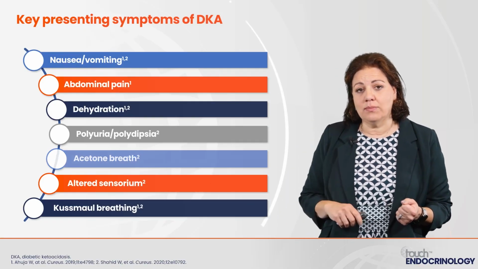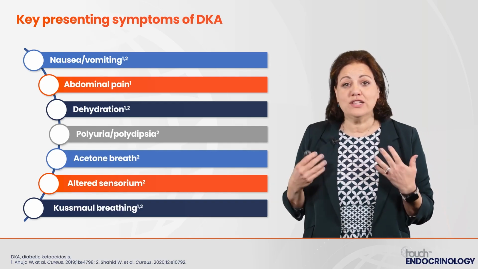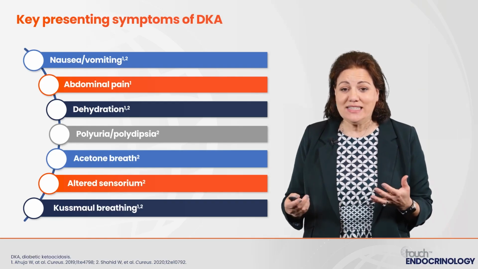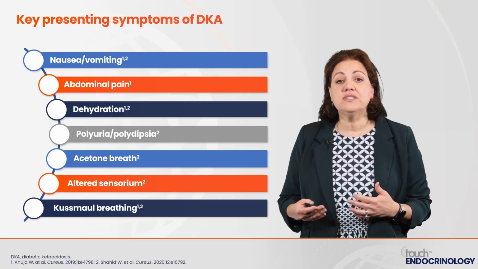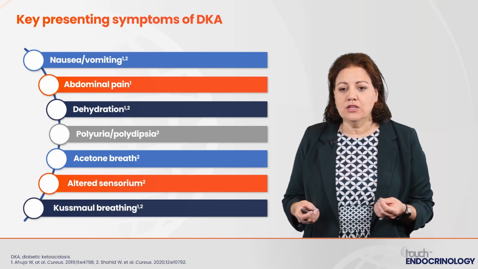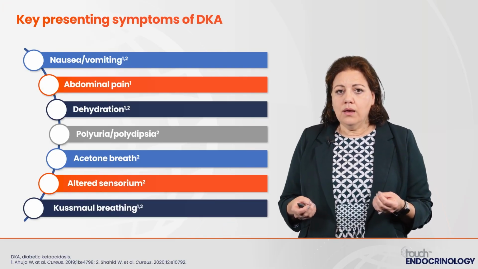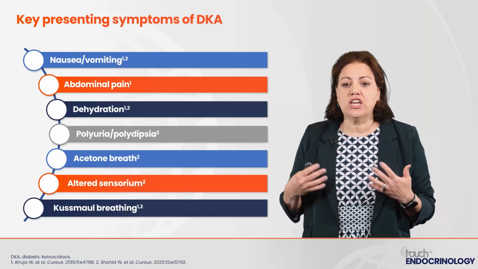The smell of acetone may be present, and if anyone has ever smelled juicy fruit gum, it always reminds me of that scent. And people can also have altered sensorium or present with Kussmaul breathing, which is deep labored breathing. So people are really trying to exchange air.